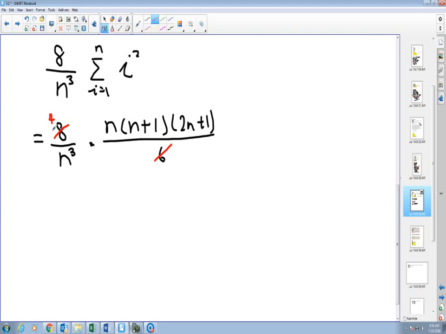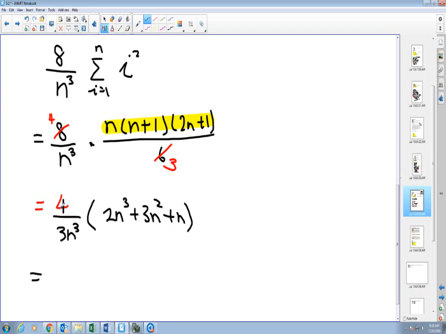That's a 4 and that's a 3. And I believe earlier when we multiplied all this out, this is 4 over 3n to the third, all that going to become 2n to the third plus 3n squared plus n.